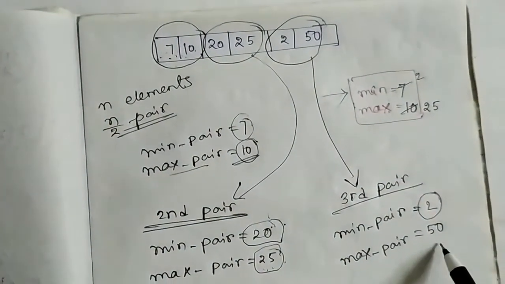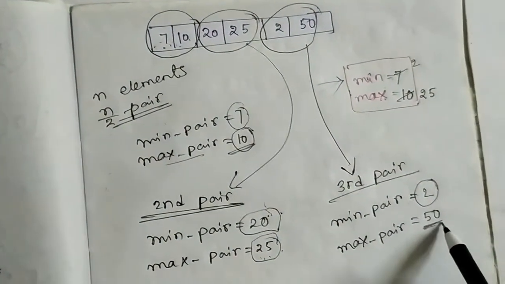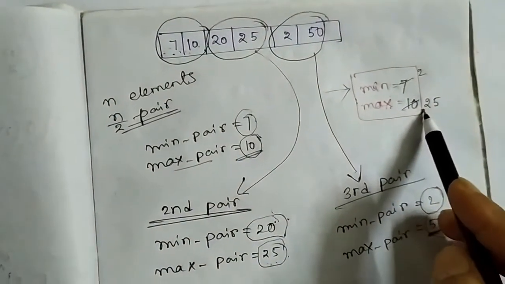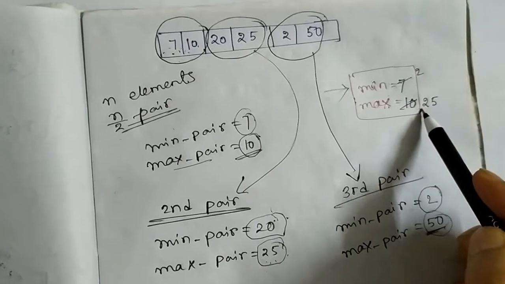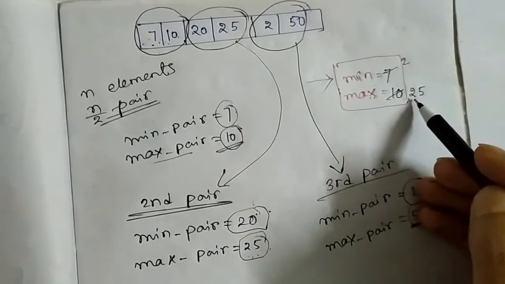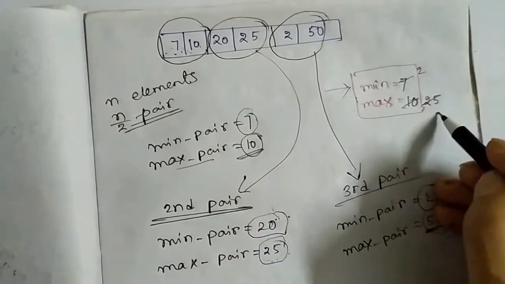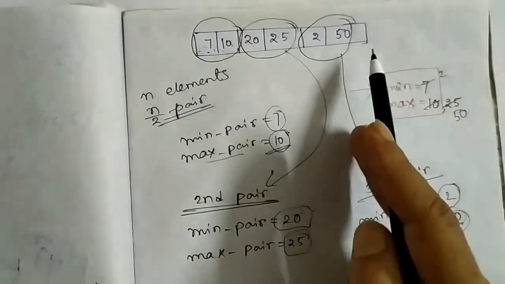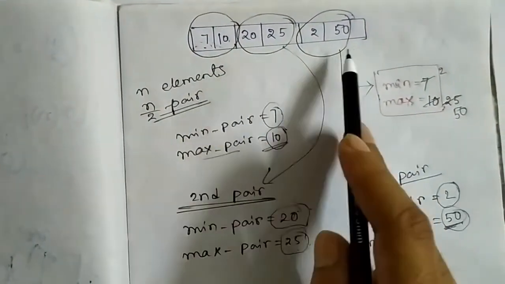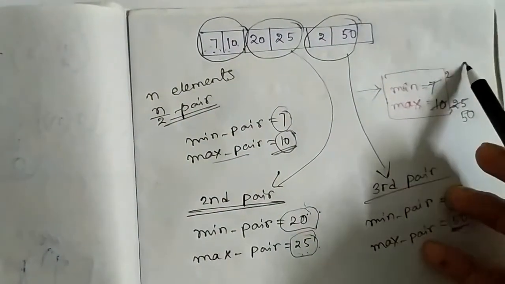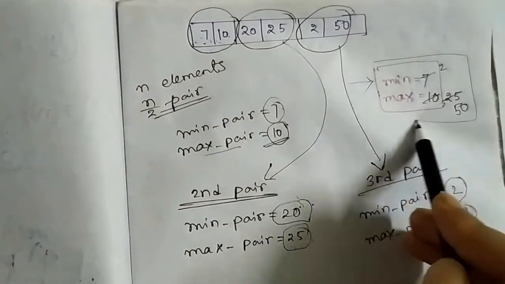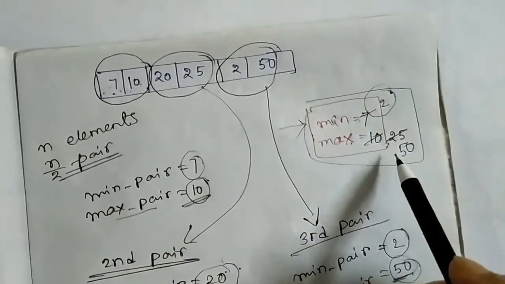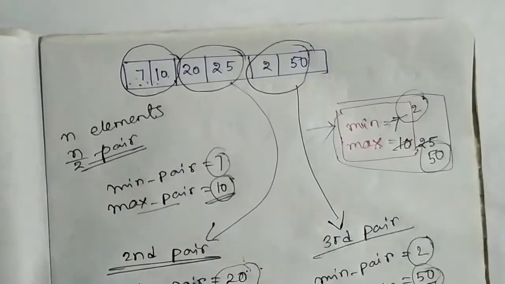The current maximum is 50, and 50 is eligible to become the maximum of the structure variable, which is currently 25. So I will replace 25 by 50. Now I have completed traversing the entire array. So at the last, in my structure variable, I have 2 as my minimum and 50 as my maximum.